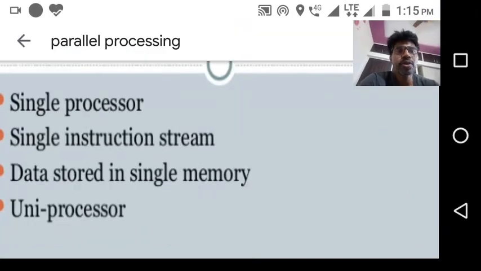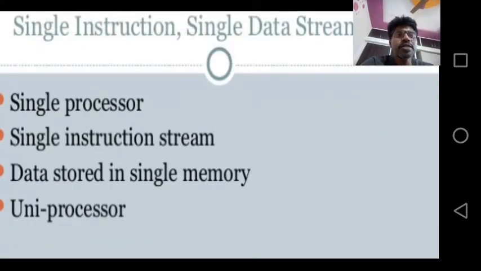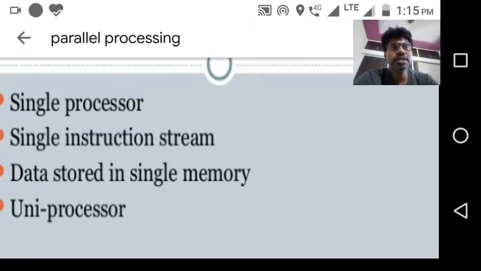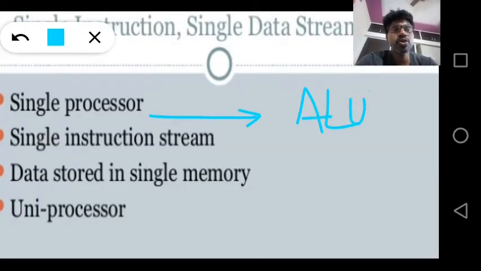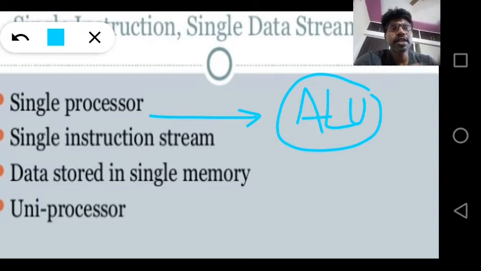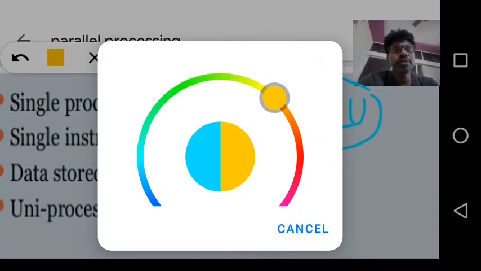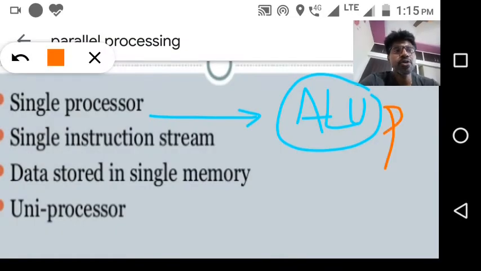Now, let us read. This is a single instruction, single data stream which contains a single processor, that is ALU, or rather than ALU, we better call it PU.